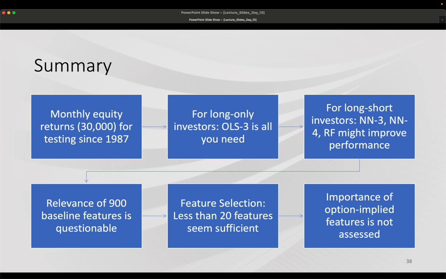I'm even more bullish now than when I wrote that, given the analysis we have done together. If you are a long-short investor, the neural network might improve performance. I say really might, since statistically it wasn't convincing that the overperformance is significant.